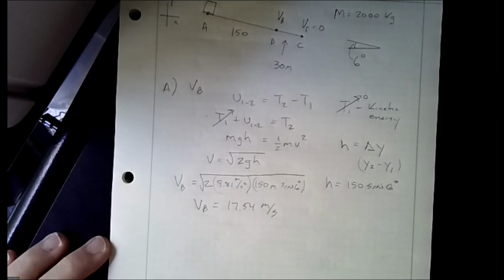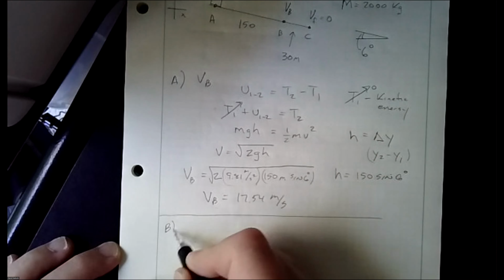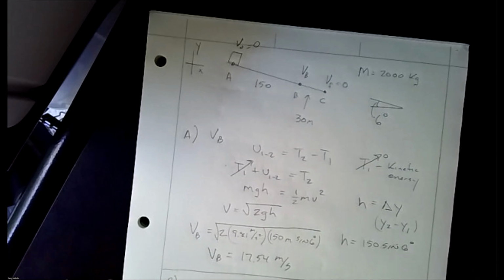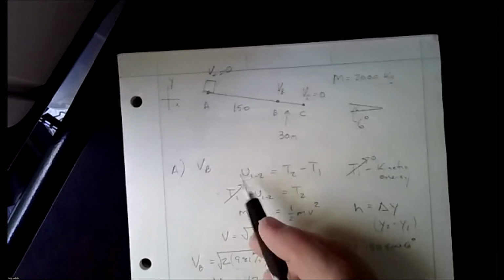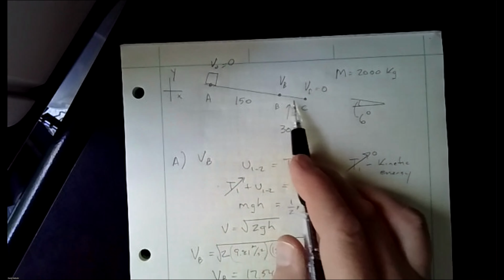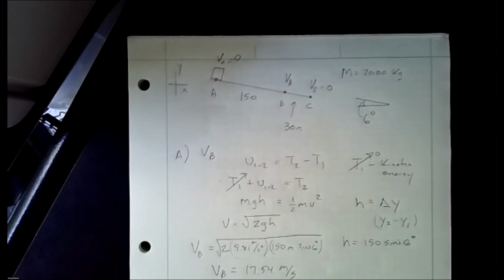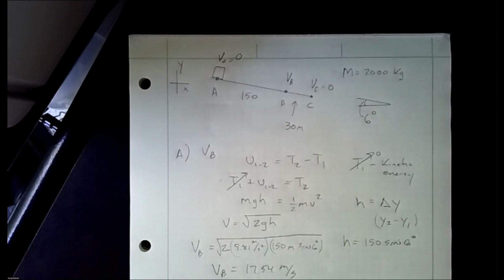For part B, we start here, we're going to have a speed there, and then we're going to stop here. So what we need is a friction coefficient. We're going to find mu.